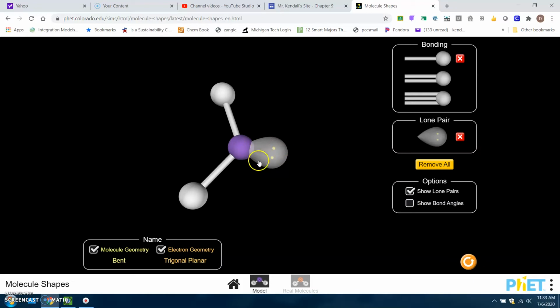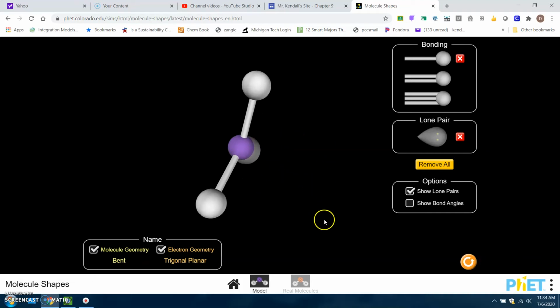This takes up more space than these. The lone pair of electrons takes more space than the bonded pair. This bonded pair, or either of these bonded pairs, are being held in a confined space between two positive nuclei. So it kind of makes their space smaller, in comparison to the lone pair, where they're floating a little more freely and they can go wherever they like.